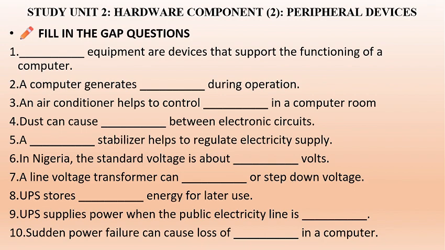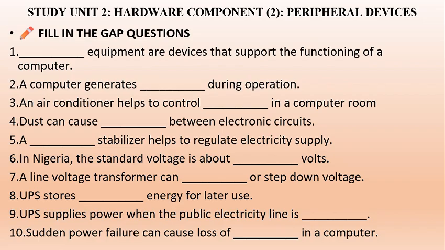So number 4, dust can cause dash between electronic circuits. Dust can cause a bridge between electronic circuits. Bridge, B-R-I-D-G-E.